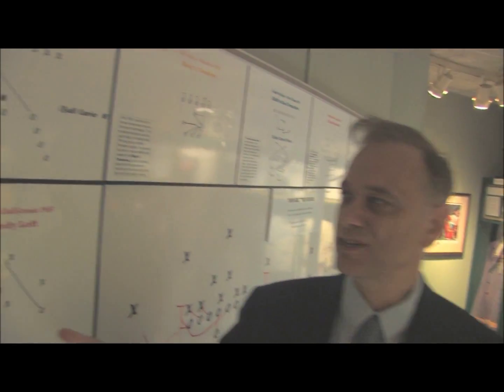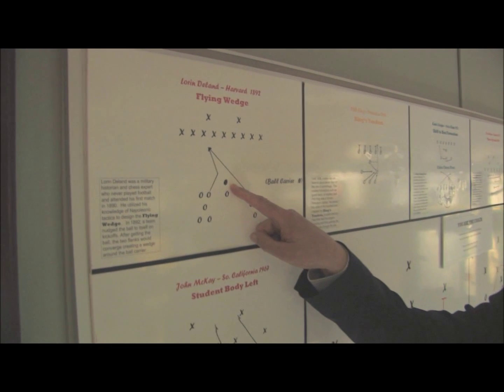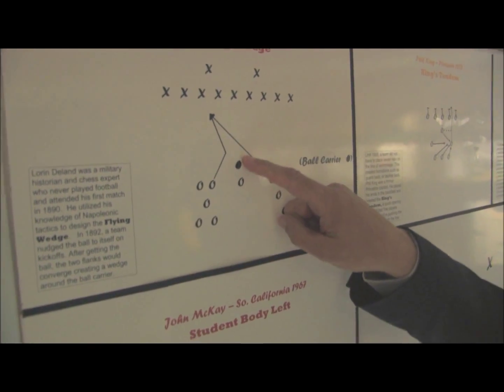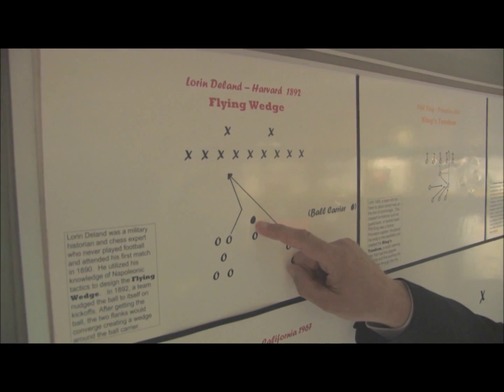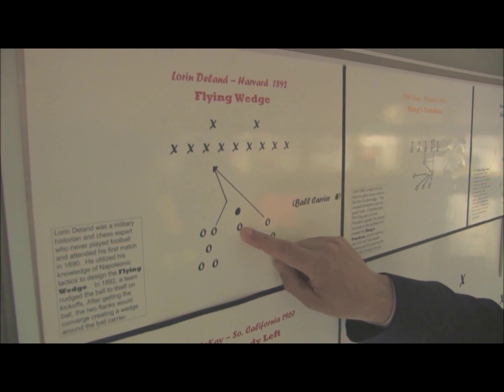So let me show you how the flying wedge actually worked. As I said, you didn't actually have to kick the ball to the other team. So you had a fellow here who would initiate the play, and he would nudge the ball backwards with his foot and then pick it up, and he would throw it to this fellow over here.